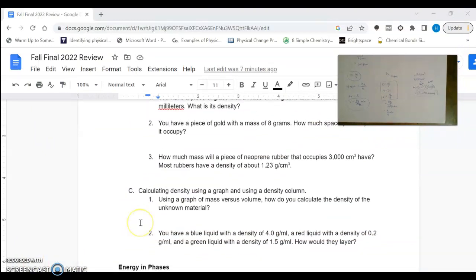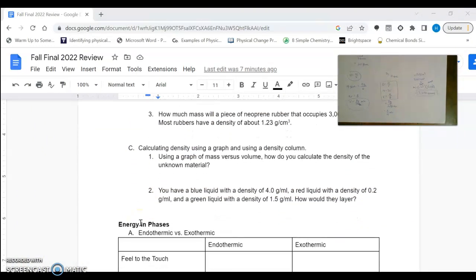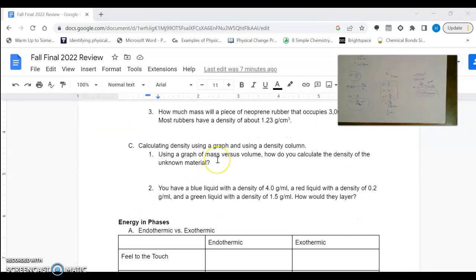Great, so the last thing that we want to be able to do is related to the two labs we did on density, where we used a graph of mass versus volume, and we did a density column.